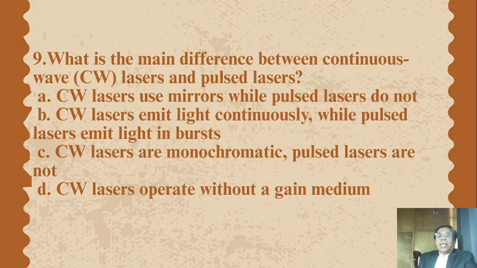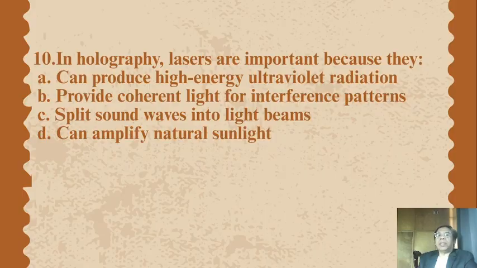Letter D, CW lasers operate without a gain medium. Number 10. In holography, lasers are important because they A, can produce high-energy ultraviolet radiation. Letter B, provide coherent light for interference patterns. Letter C, split sound waves into light beams. Letter D, can amplify natural light.